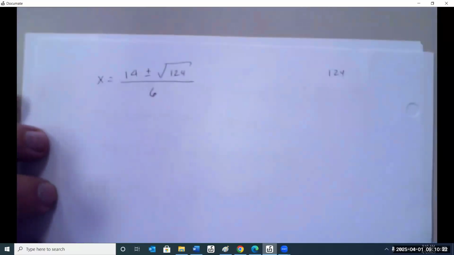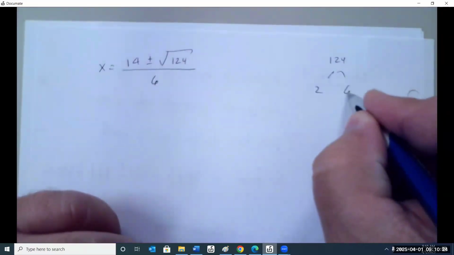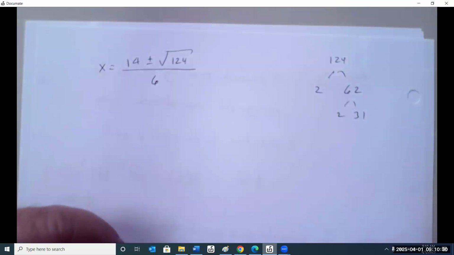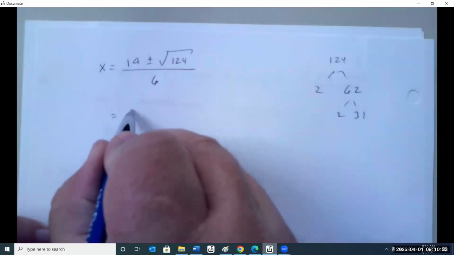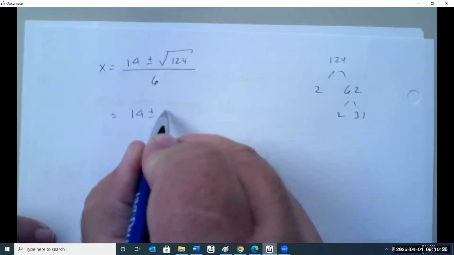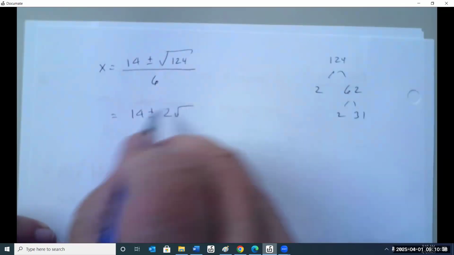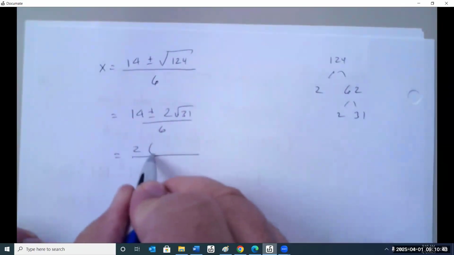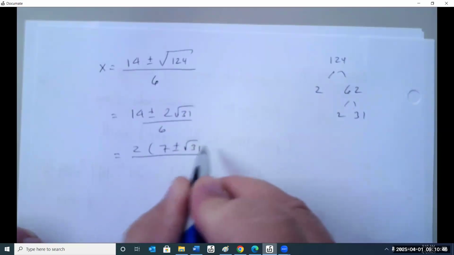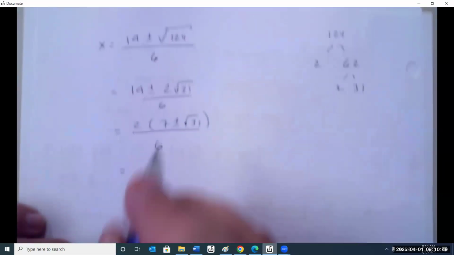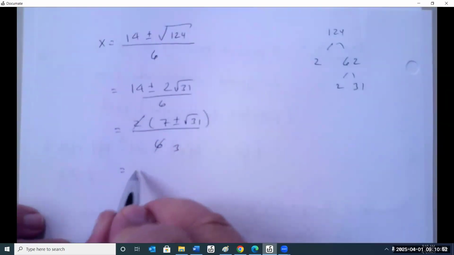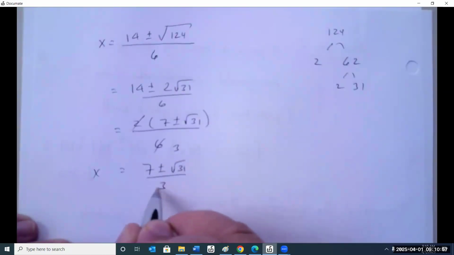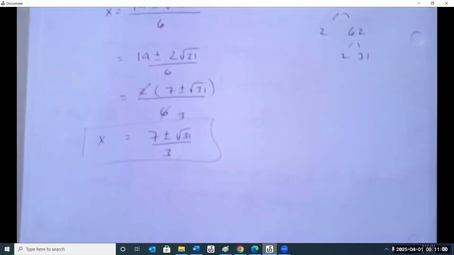Okay. 124 breaks down to 2 and 62, 2 and 31. So we have 14 plus or minus 2 square root of 31 over 6. Factor out a 2. The 2 and the 6 cancel. So those are my two values.